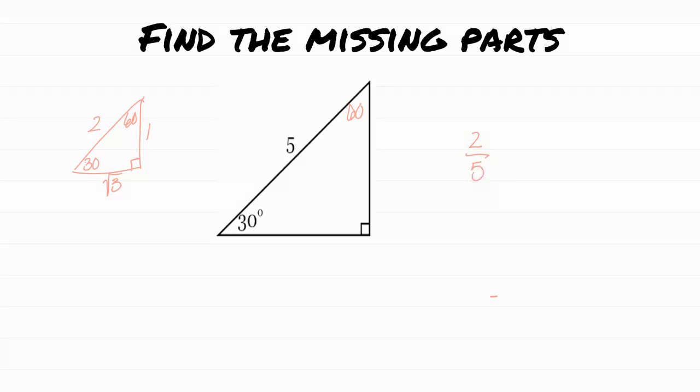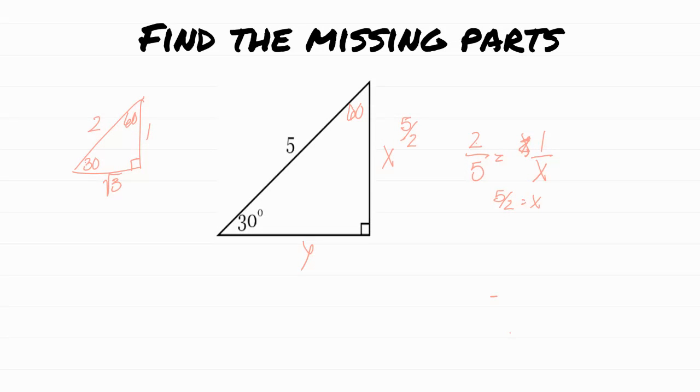So 2 over 5 is equal to 1 over x. And then we cross multiply. 1 times 5 is 5, divided by 2 is 2.5 or 5 halves. So this side over here is 5 halves.